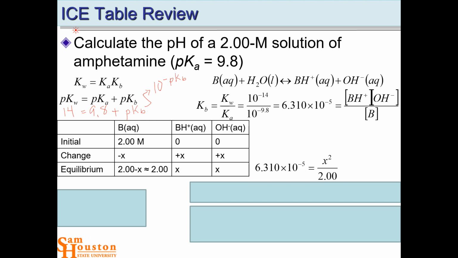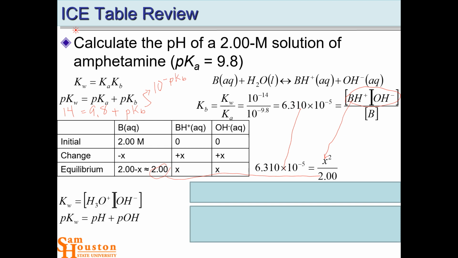Okay, so then we set up that equilibrium constant expression now with X squared in the top. So these two pieces were both X, and they became X squared. The base is in the bottom, this 2 here. And then the Kb. So that's our equilibrium constant expression. We can move 2 over, take the square root.